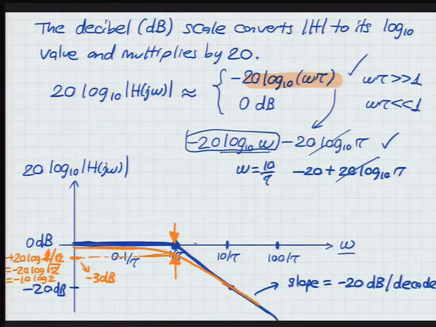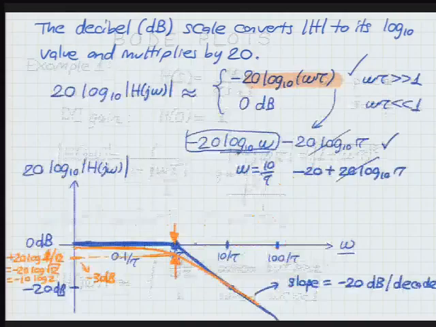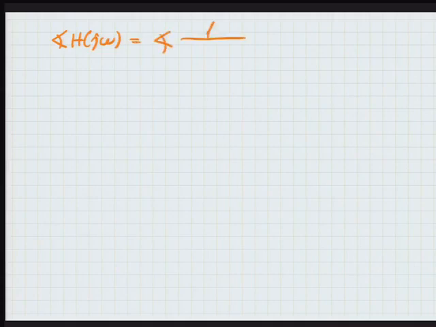What is the phase of this transfer function? So if you look at the phase of H(jω), H in that example was 1 over 1 plus jωτ, right? So therefore, it is negative the phase of what's in the denominator.